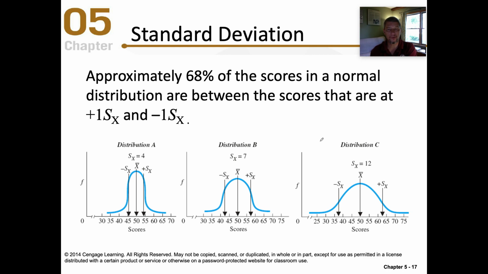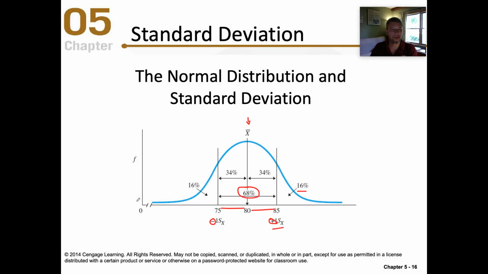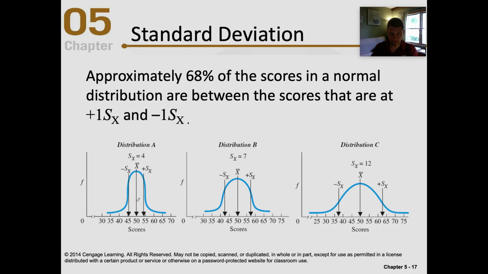If you look at the 3 distributions shown in this slide, in the first one, we have a standard deviation value of 4. That means that if the mean value is 50, then 1 standard deviation below the mean is 41, and 1 standard deviation above the mean is 54.